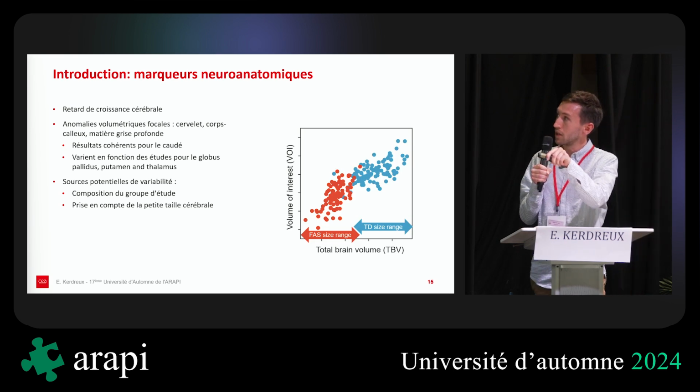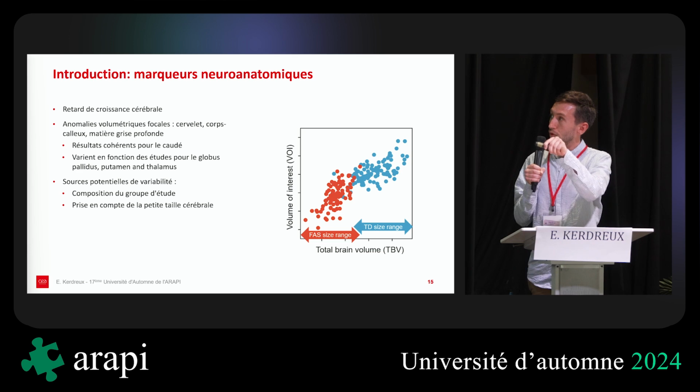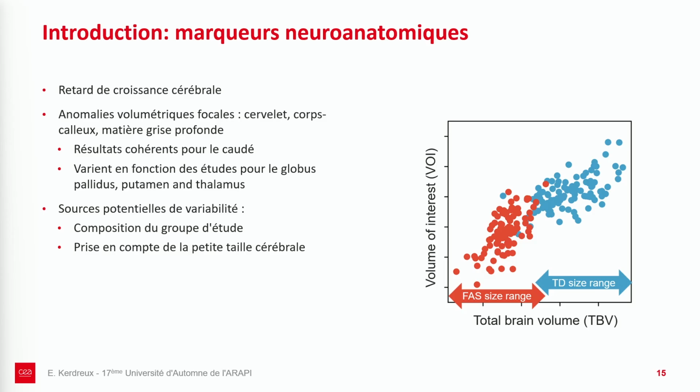And the smallest brain size, representation here of the regional volume, compared to the total brain volume. And we see that there is no overlap between the two. So this is something you have to take into account.